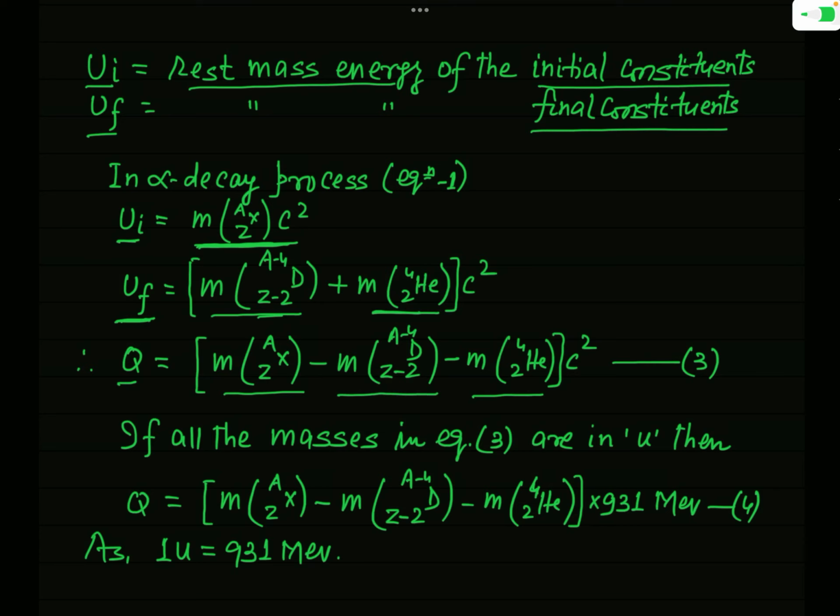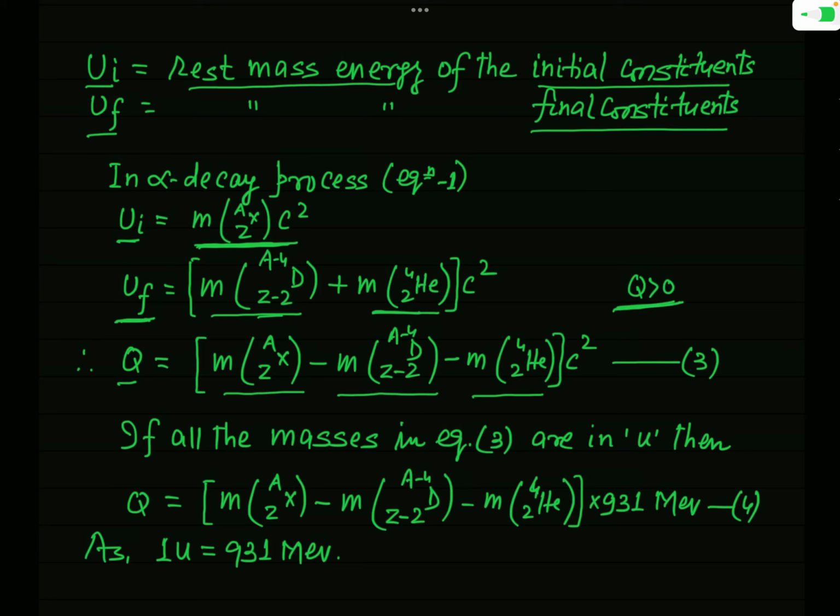Definitely this Q value will be greater than 0, because a nuclear process only takes place without giving energy from outside when this Q is greater than 0. So definitely the rest mass energy of the initial constituent will be greater than the rest mass energy of the final constituents.